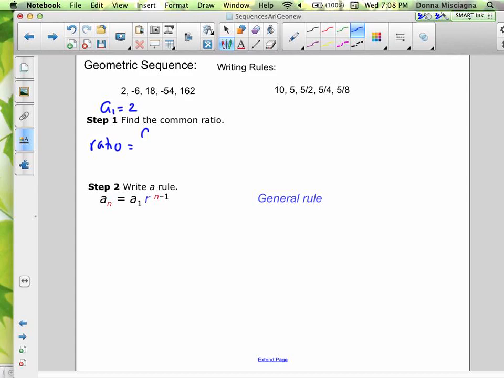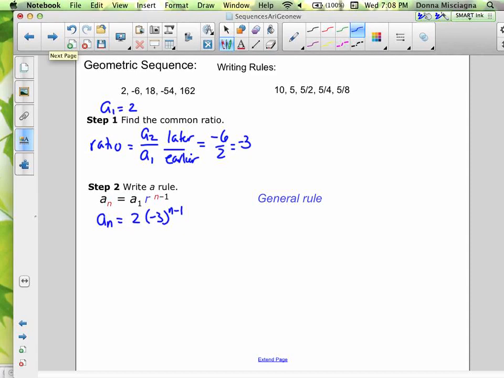So if I take A2 and divide it by A1, it's always later over earlier. So our ratio here is going to be negative 6 divided by 2. That's negative 3. That's all I needed to do because the rule is just going to be 2 times negative 3 to the n minus 1 power. Ta-da! We're done.